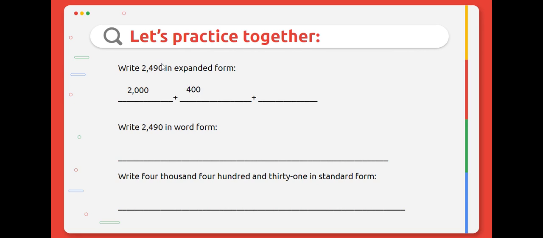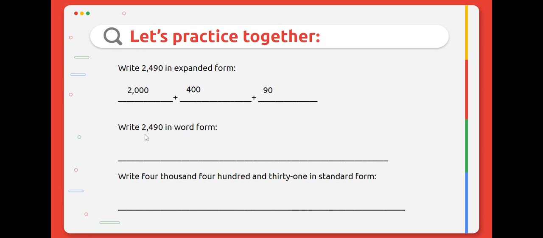Notice that I'm taking all these numbers behind whatever digit I'm working on and turning them into zeros. Now our last one is 90 because the 9 is in the tens place and it's worth 90. I could go on and put the ones place, but since there's nothing in the ones, I could leave it just like that.